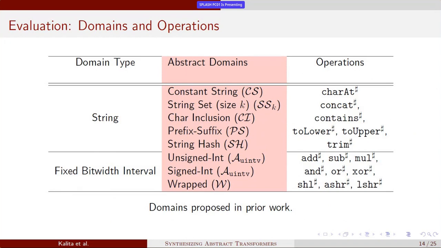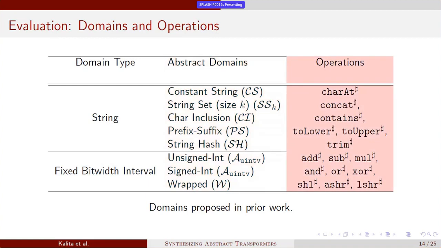And in the case of bitwidth interval, we look into 3 domains: unsigned integer, signed integer, and ref interval. The operations for string domains are like caret, concat, contains, to lower, to upper, trim. And there are 9 operations for the fixed bitwidth interval.